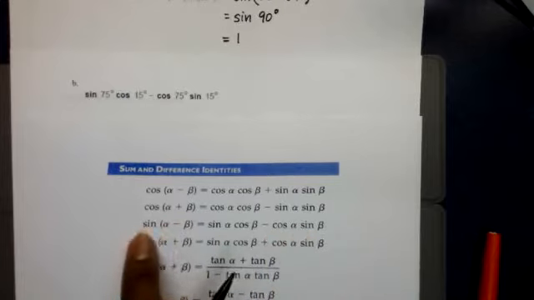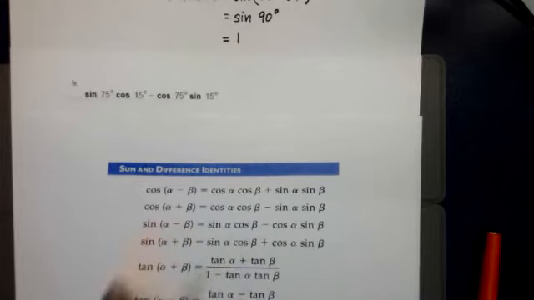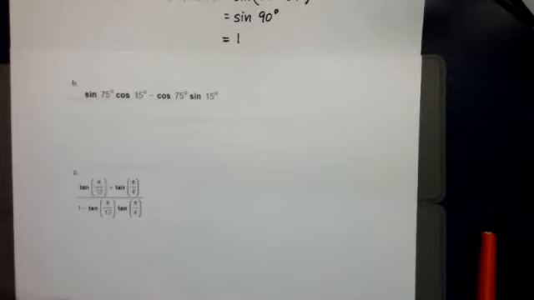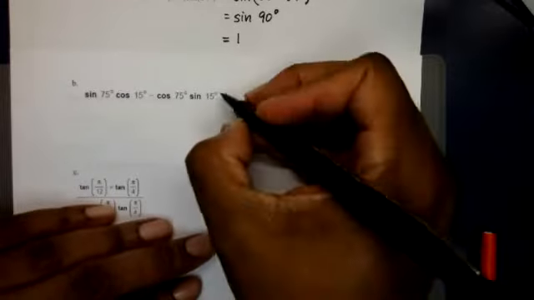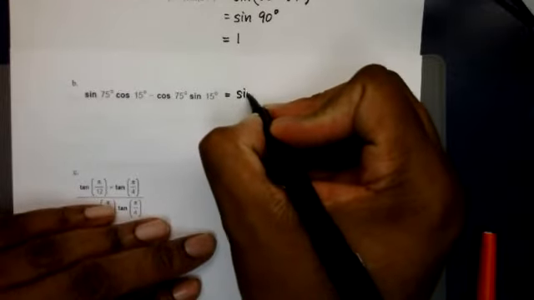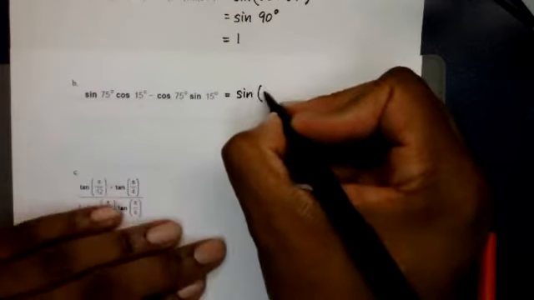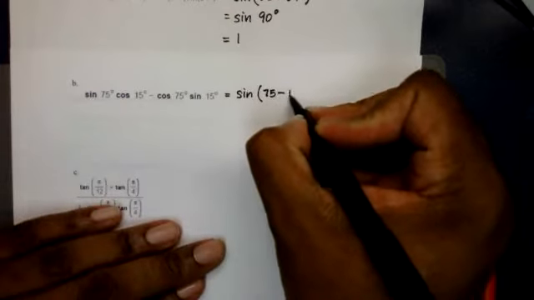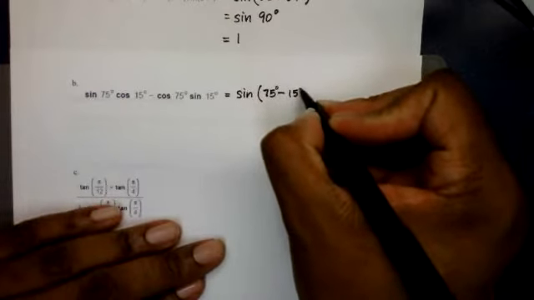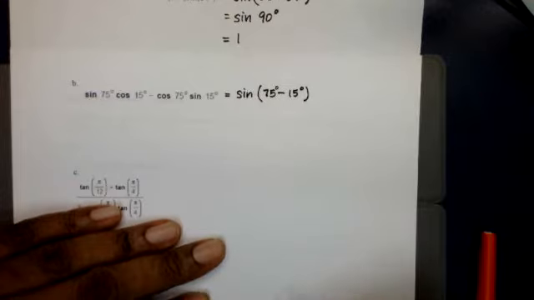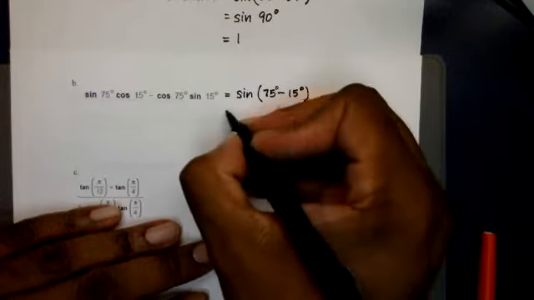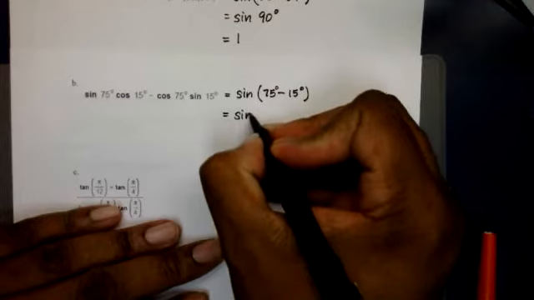Has to be this right here, sine of alpha minus beta. Has to be. So this will be sine of 75 minus 15 degrees. And 75 degrees minus 15 degrees will be 60 degrees.